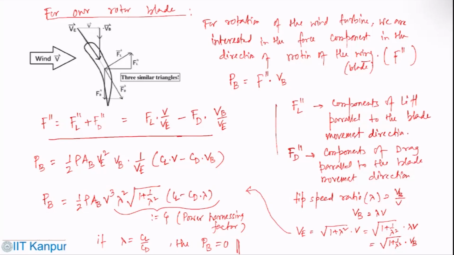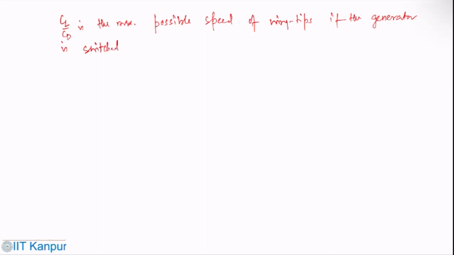And similarly, C_L by C_D is the maximum possible speed of wing tips if the generator is switched off. That means there is no torque. Okay.